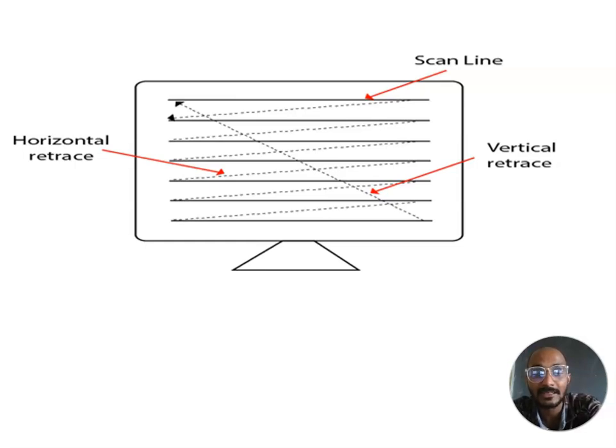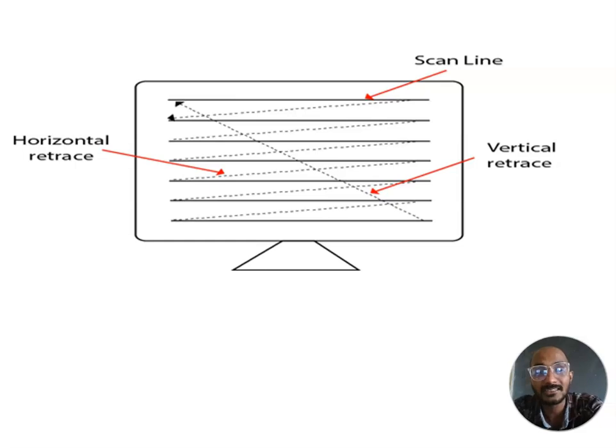After that, it will reach the end of the scan line and begin the next scan line. In this way, it will go up to the bottom right, up to the end. So this is called the horizontal retrace, meaning horizontally it scans the whole line.